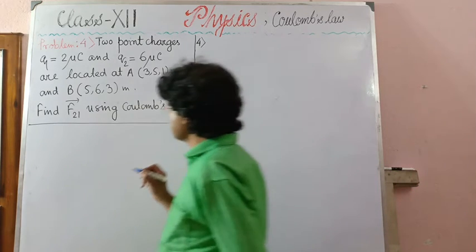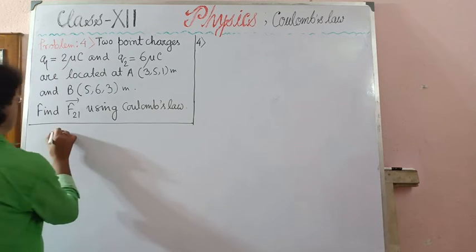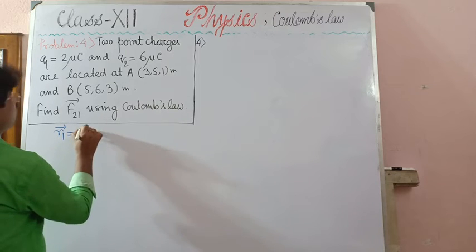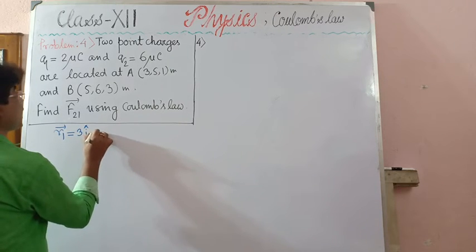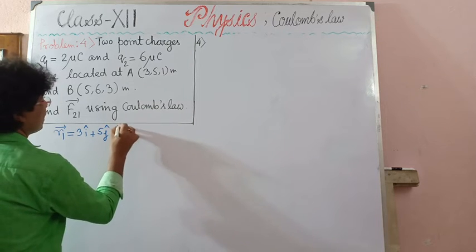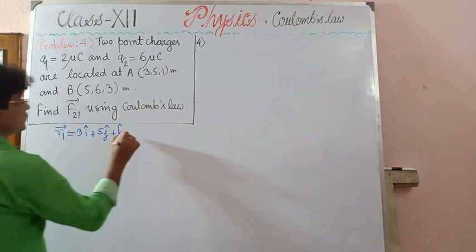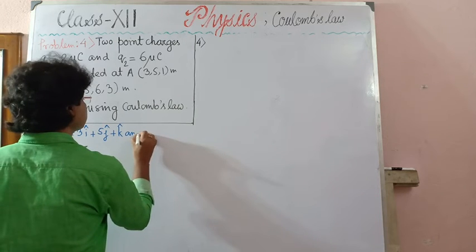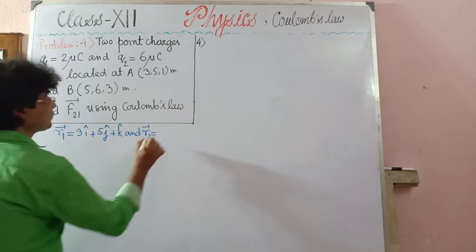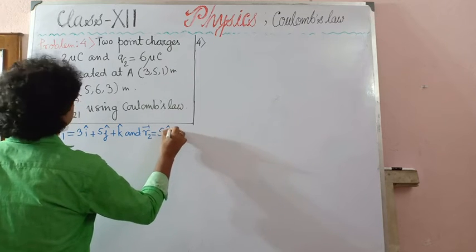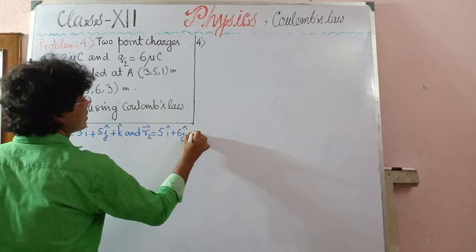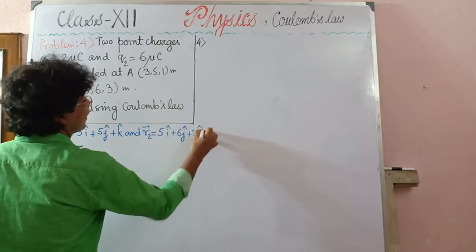So R1 vector equals 3i cap plus 5j cap plus k cap and R2 vector equals 5i cap plus 6j cap plus 3k cap.